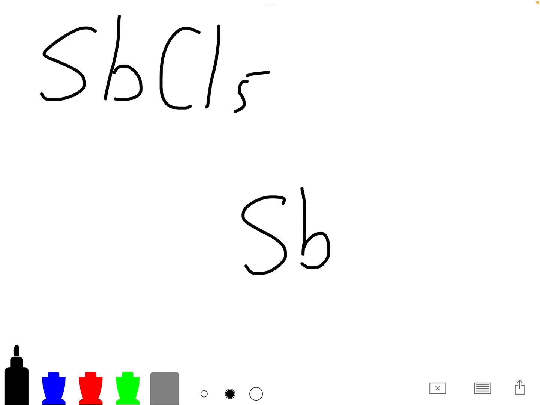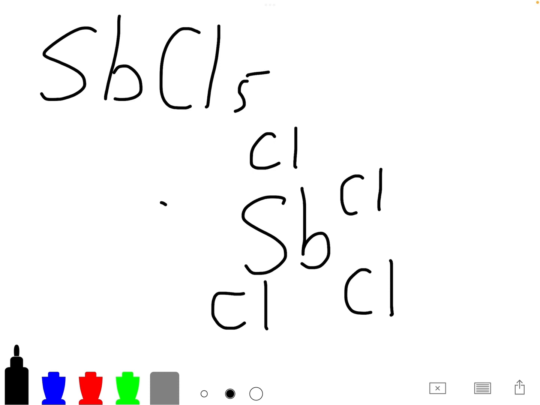And that is really all you need, because antimony has 5. 1, 2, 3, 4, and 5 are already around it from bonding the chlorine. If you write it a little neater than I did. That is how you do that.